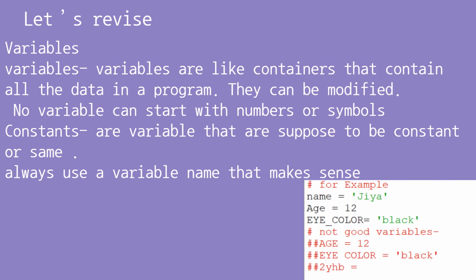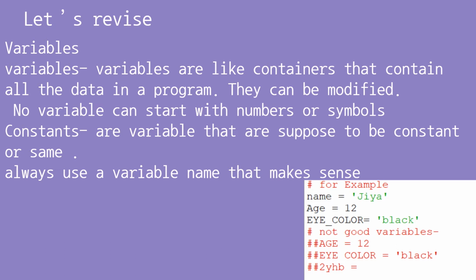For example, name equals Jiya, age is equal to 12, eye color is equal to black. One thing I missed in this is that all constants have to be written in caps lock, even though that is not necessary, but it is a good practice.